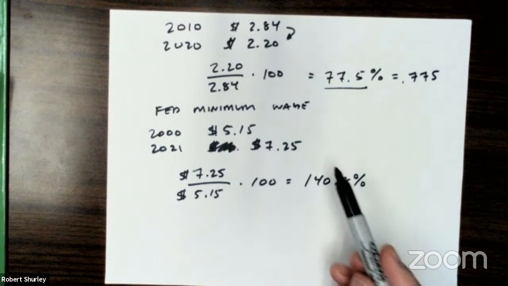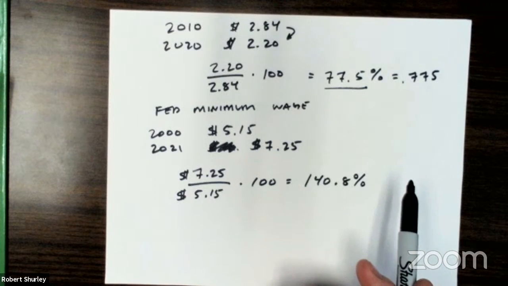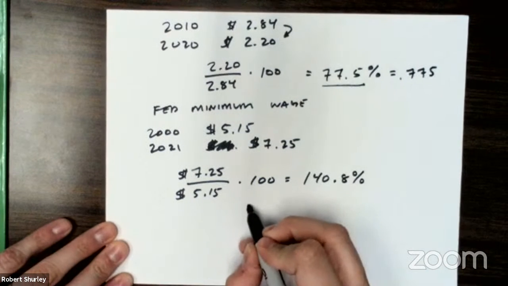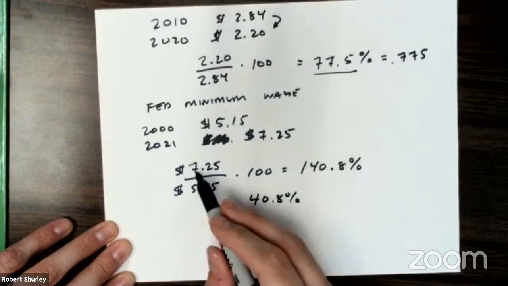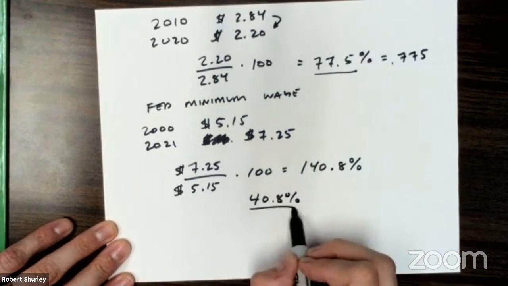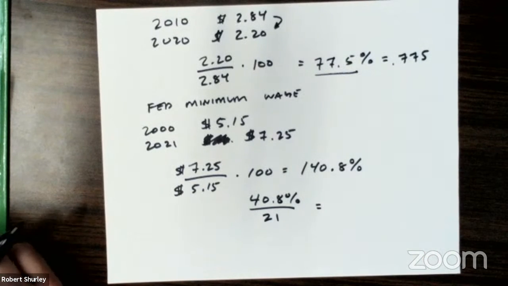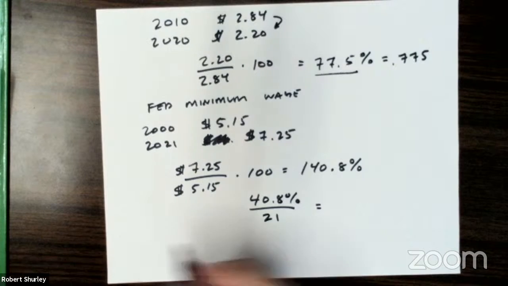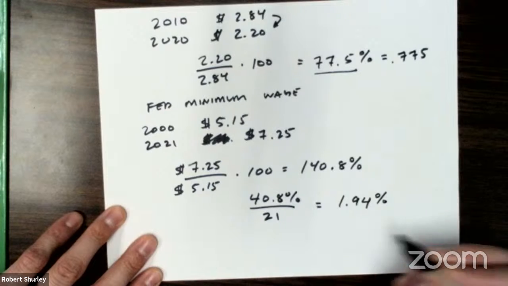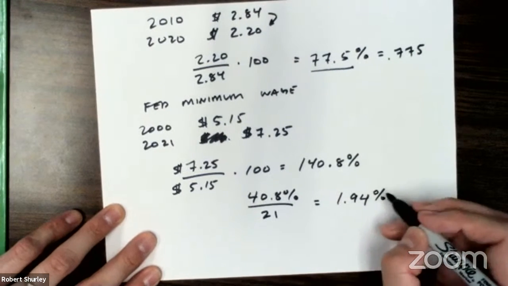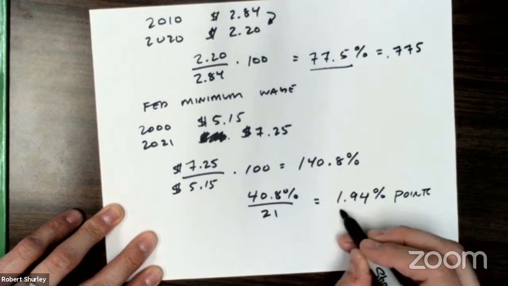Another way to think of this is how much did it rise on average per year. We know that it rose 40.8%. From 2021 to 2000, that's 21 years. 40.8 divided by 21, so on average it rose 1.94 percentage points each year.